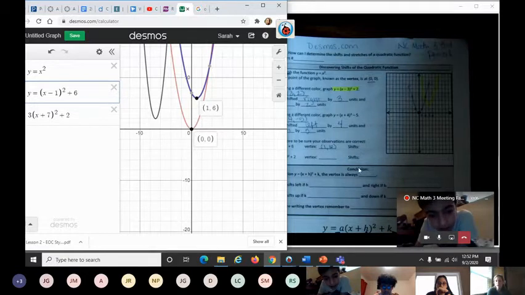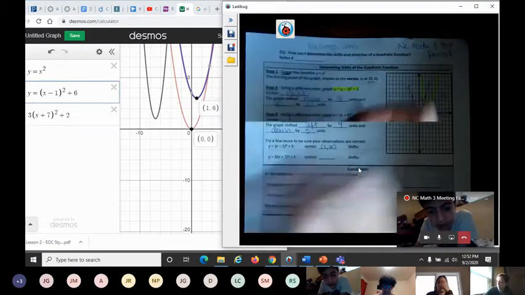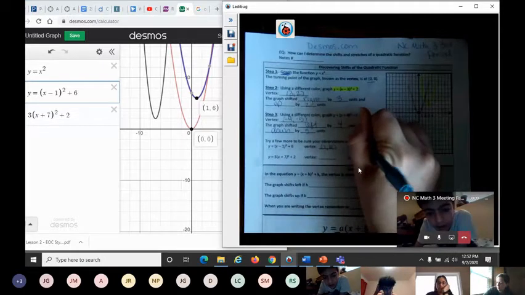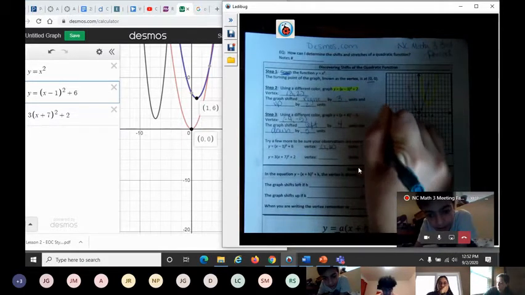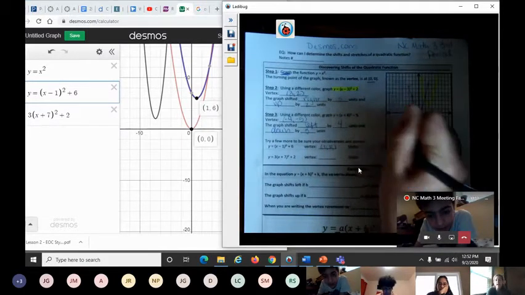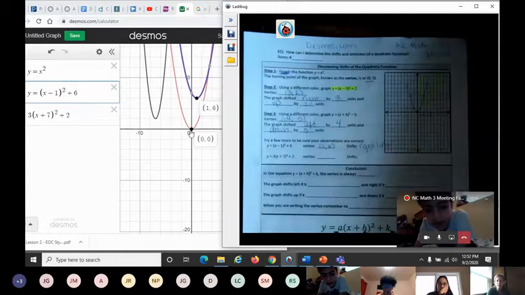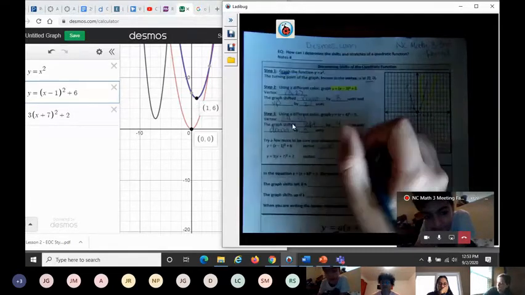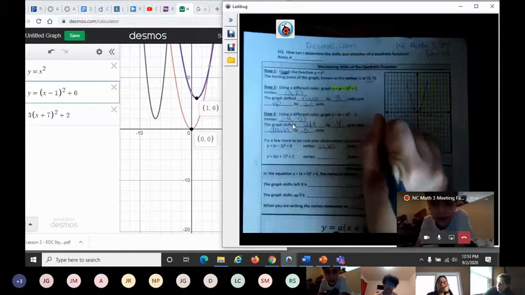So on my paper, I'm going to say that I moved right 1 unit. And then how far up did I have to go, Amar? If I start at 0, 0 and I go up to here, how far up did I move? How many units? 6. Yes, very good. So I'm going up 6 units.